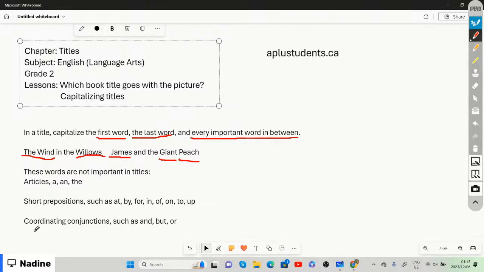And then we also made a few examples of The Wind in the Willows. We capitalize the first word, which is The. We capitalize the last word, which is Willows. And the word in between that's important is Wind, because it's The Wind in the Willows.